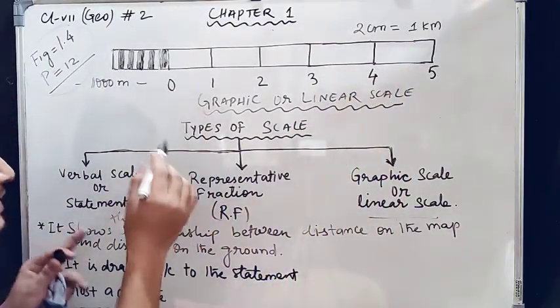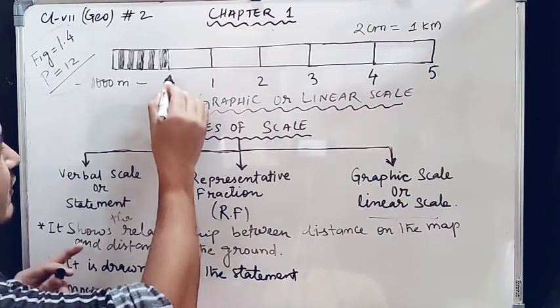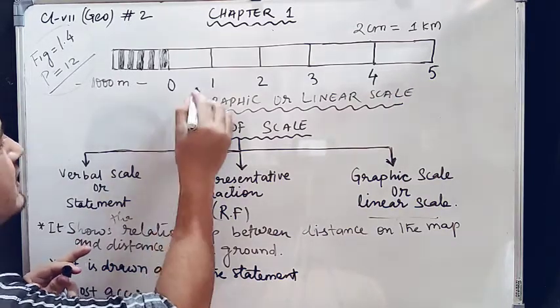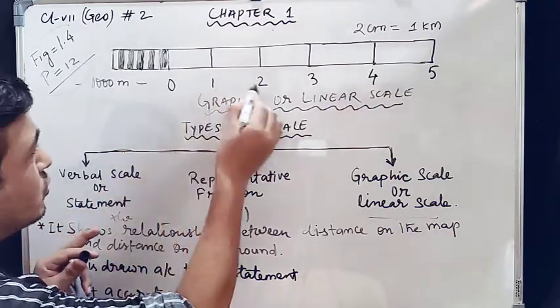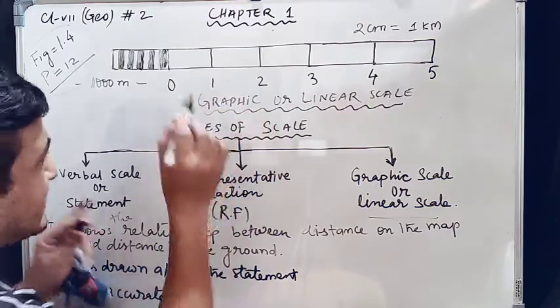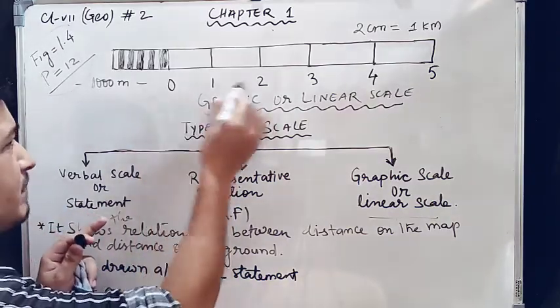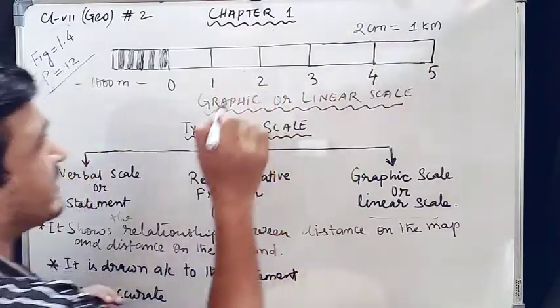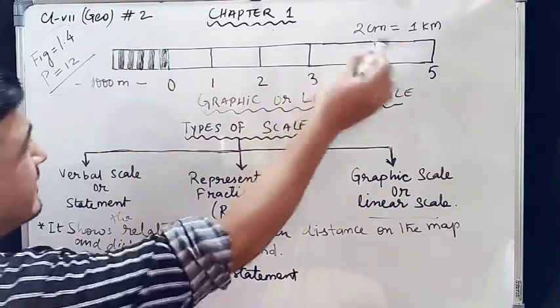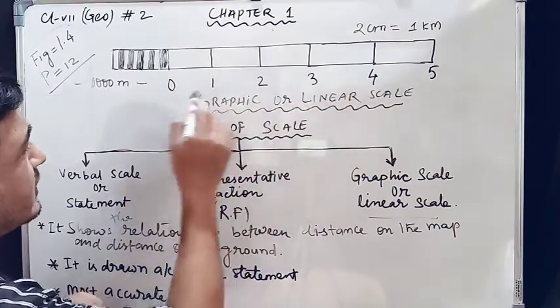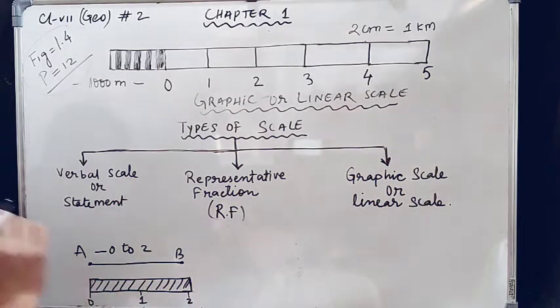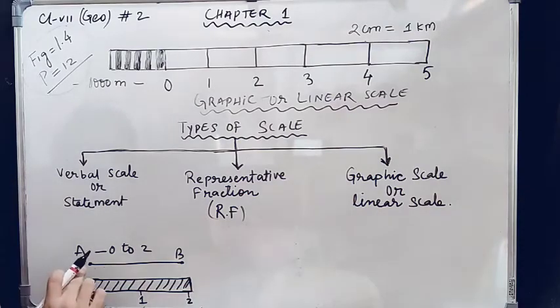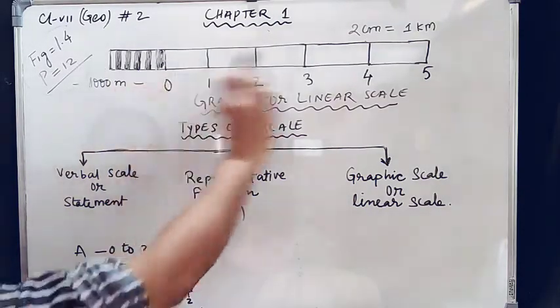So if we measure our map with this scale, suppose two stations, A and B, cover 2 units from 0 to 2. It means the distance between the two stations is how many kilometer? 2 kilometer, since from 0 to 2 it is 4 centimeter, 2 units. Suppose we have station A and station B, and we are measuring the distance with this linear scale.